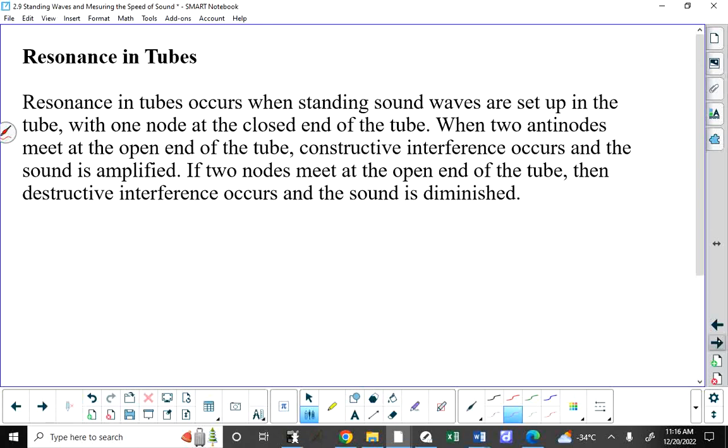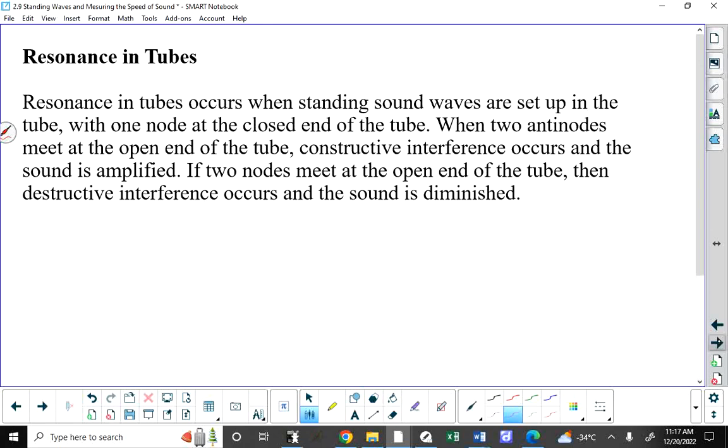I have a real cool video, by the way, I have to find it, of standing water waves. I had an espresso maker at one point. And when the pump was working, it would vibrate the water in the tank.